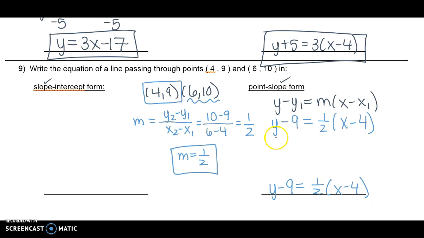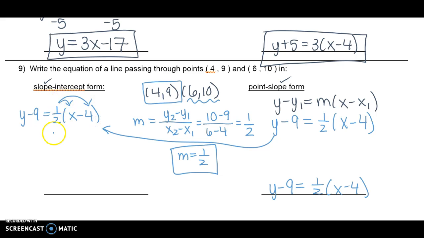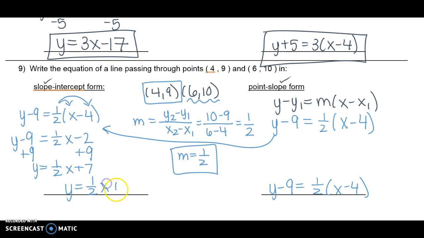But I can transform this equation right into slope intercept form. So I'm just going to copy this down, so looking back on it, you know where you got that from. Distribute that 1/2 to both of those terms. And then that final step, isolate y. y is equal to 1/2 x plus 7.